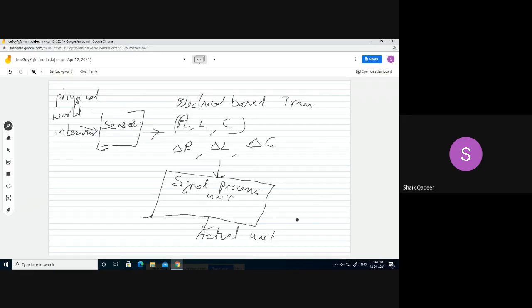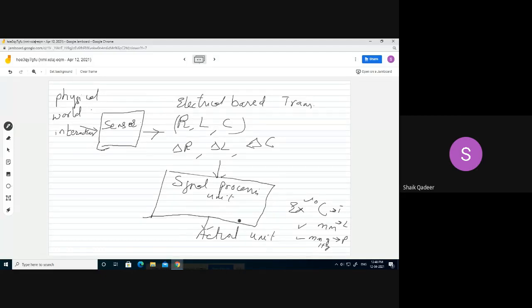If it is a temperature transducer, the actual unit can be degrees C. If it is a level transducer, the actual unit can be millimeter. This is temperature, this is level. How about pressure? Millimeter of mercury, and a few others, and so on and so forth.